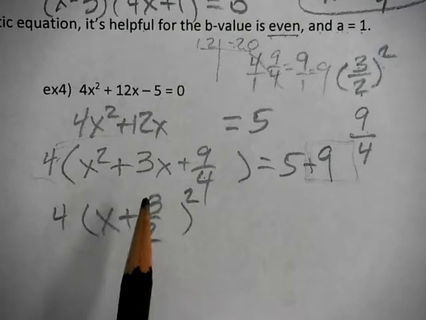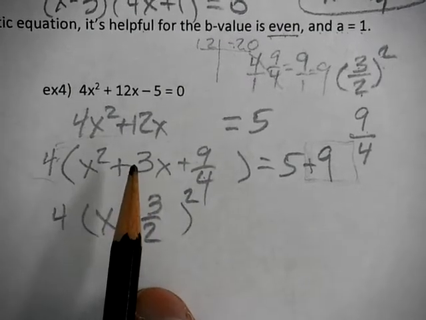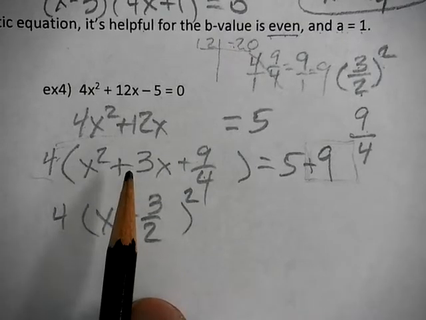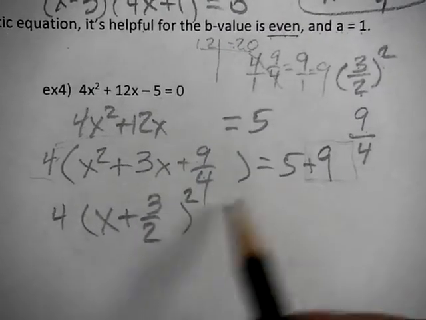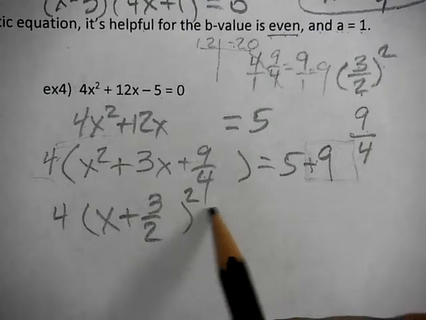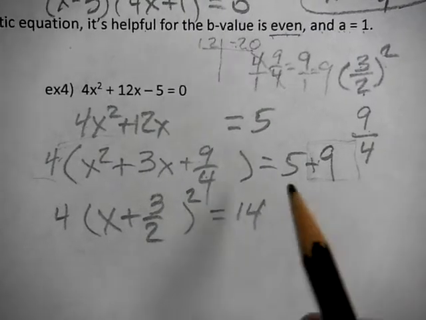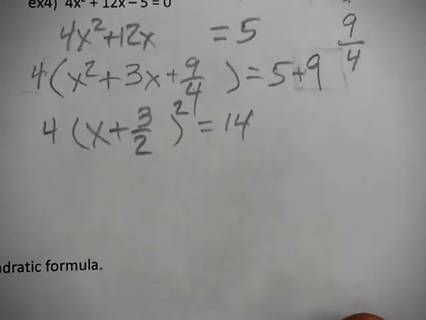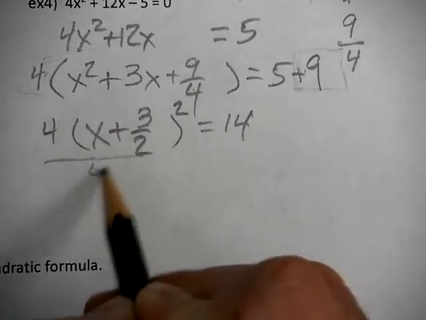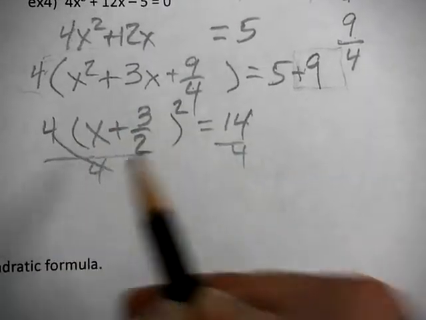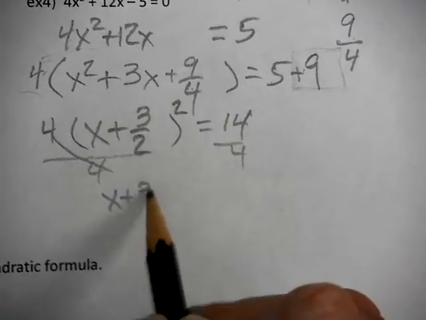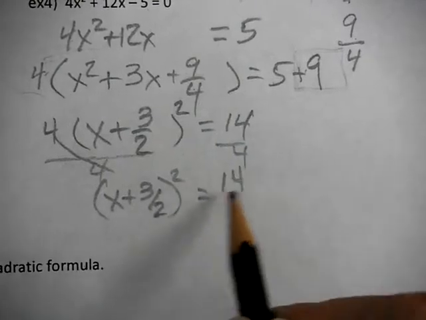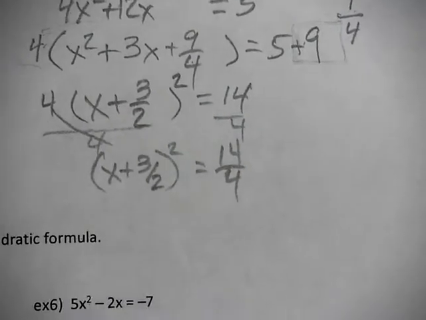And 3 over 2 plus 3 over 2 gives you 3. That's 1.5. 1.5 and 1.5 is 3. 9 and 5 gives you 14. Well, we're going to divide by the 4. X plus 3 halves squared equals 14/4.